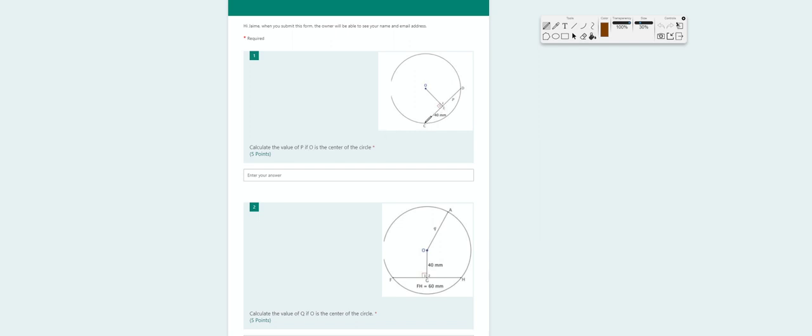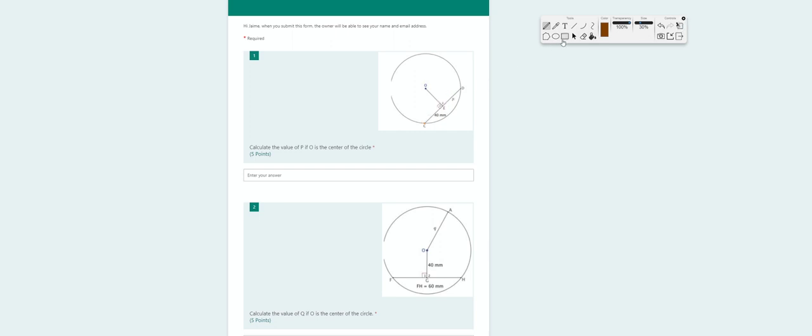They give you that from C to E is 40 millimeters. Notice they're giving you that this radius, this line, is perpendicular to the chord. So that means that this chord and this chord are equal to each other. Notice they give you that from C to E is 40. So I'm going to leave it like that.